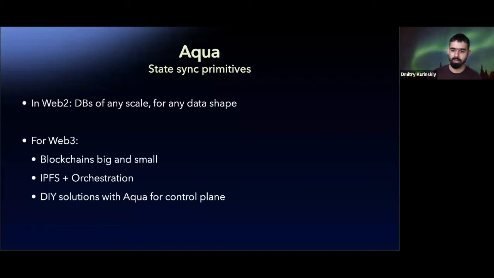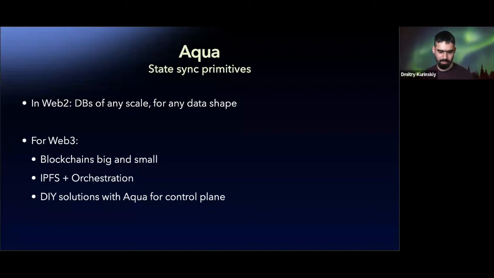Another approach is IPFS plus orchestration. So it means that you can use IPFS to store files and to hash files and to access files and to transfer files. And you can use Aqua as a control plane to warm up the cache and to transfer files from the known destinations to another known destinations.